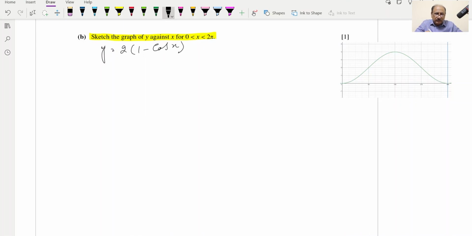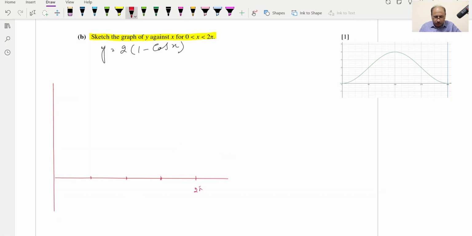So we can draw the y-axis over here, and we can take this one as the x-axis, and we can take pi by 2 or 90 degree, 180 degree, 270, and then 2 pi or 360.